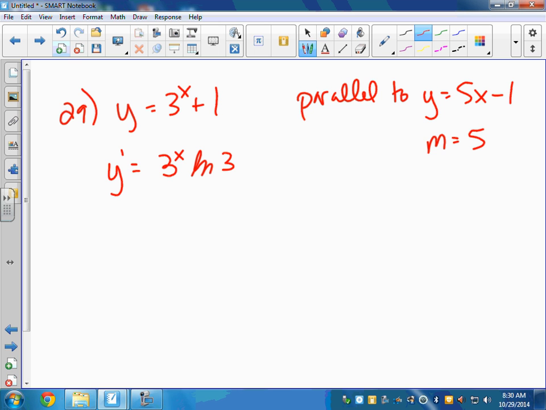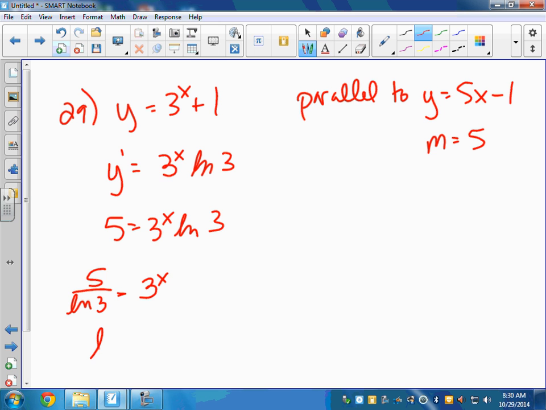Is that true? And then I just set it equal to 5. The point is we want to get this x by itself. So I divided by ln of 3 first. And then the only way to get that x out of the exponent is to take ln of both sides again.